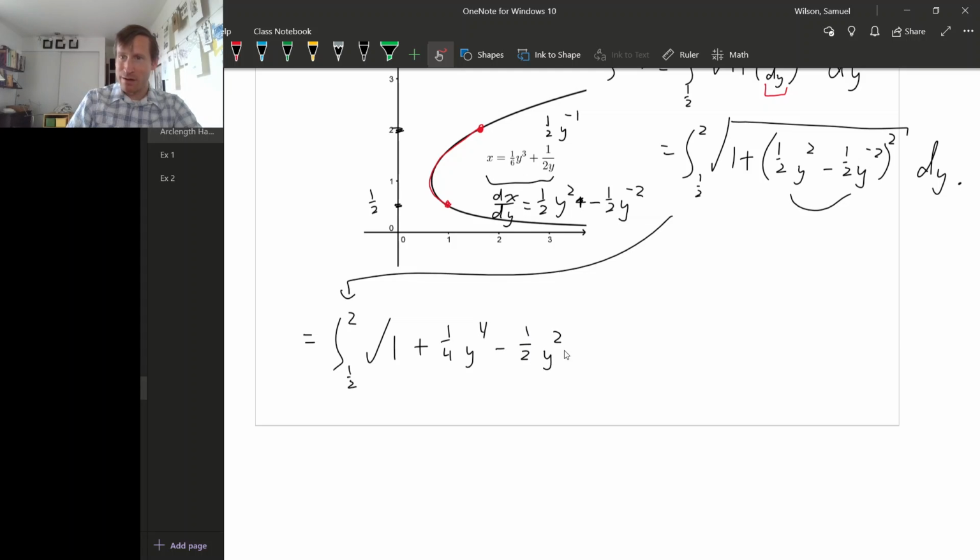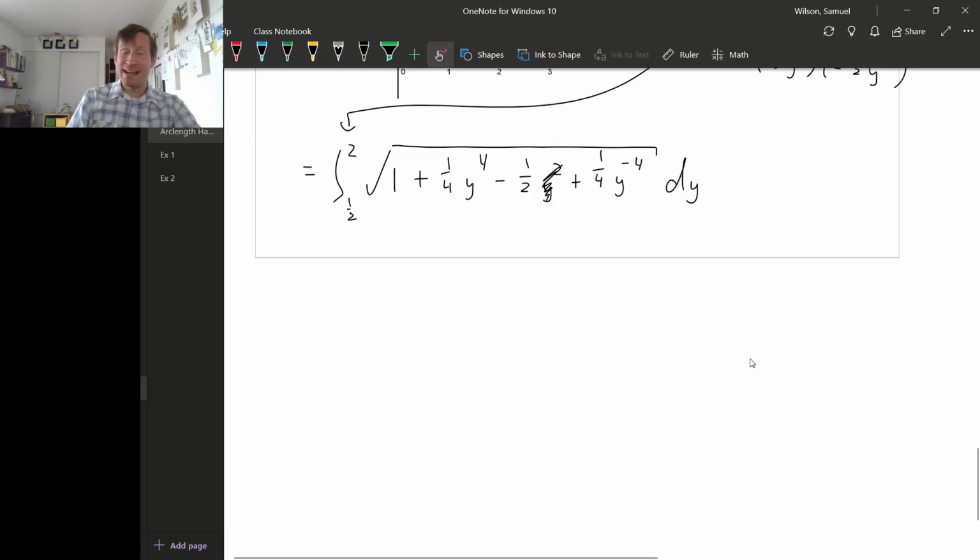Because the cross terms, when you're squaring something, are twice the product. So twice 1/2 y squared times minus 1/2 y to the minus second: 2 times a half is a half, there's only one negative, so we get a minus sign in the middle, and y squared times y to the minus second is 1, so there aren't any y's in this cross term. And then the second piece gets squared, so plus 1 over 4 y to the negative fourth. This is all dy.